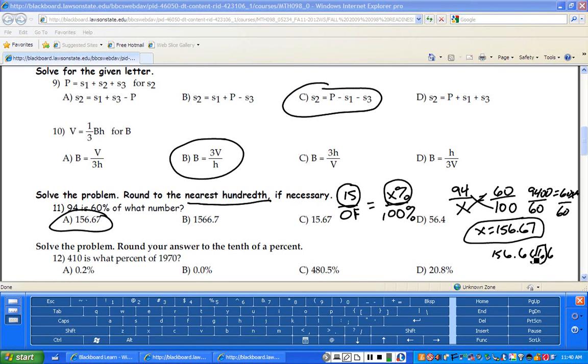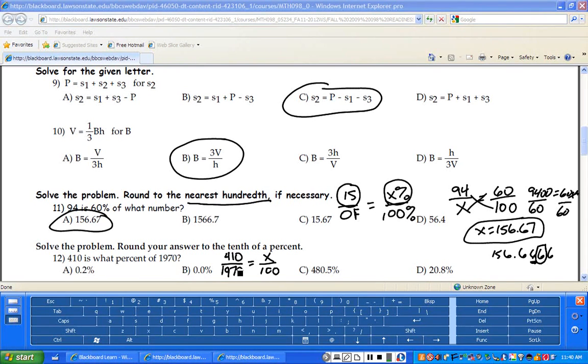Alright, so we're looking to do the same thing here for number 12. Is over of still equals some percent over 100%. So they give us 410 is. So 410 is what percent? Now we don't know the percent, so we put the x there, and it's always over 100. And then of 1970.